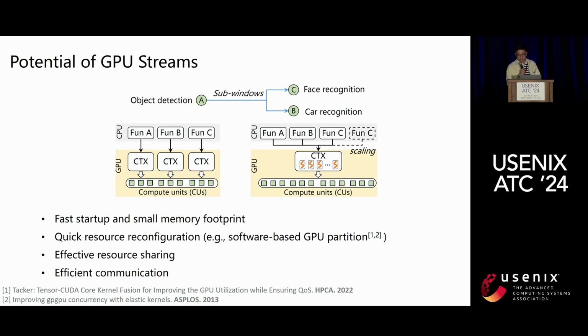And the third one is efficient resource sharing, because streams share the same address space, allowing more easy memory sharing between functions, which improves GPU memory utilization and facilitates zero-copy data transfer between functions.